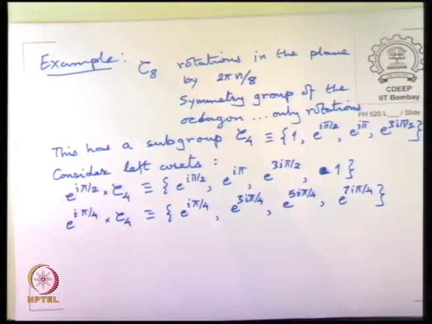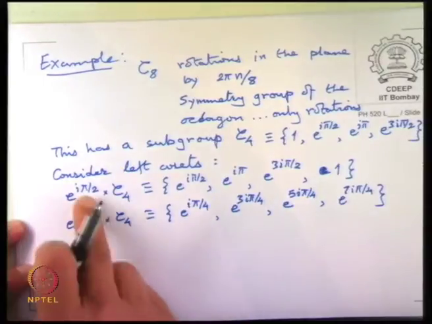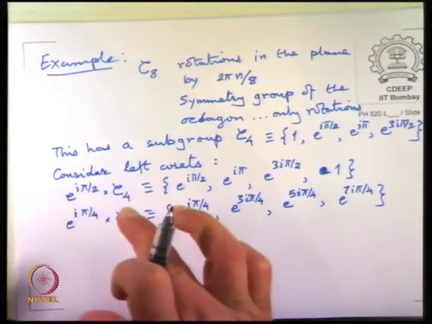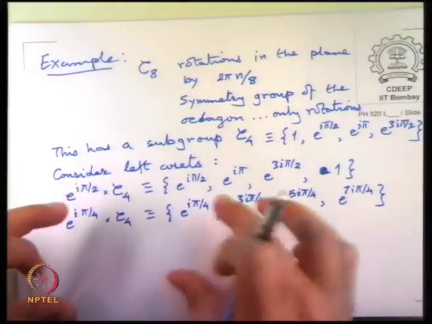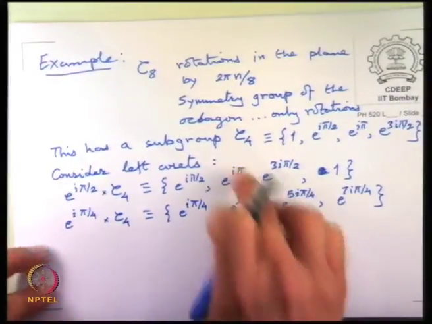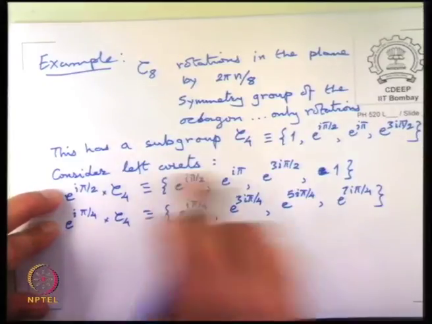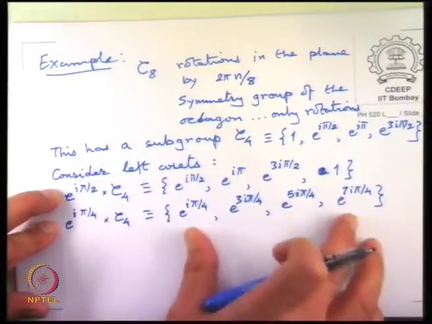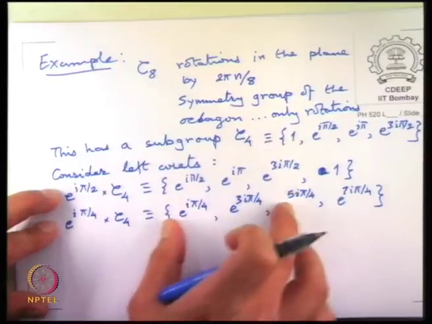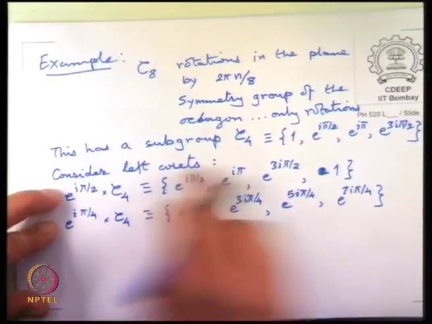You can draw an octagon and check what is happening. This is rotating it by pi by 2, and then this is a smaller rotation. This is just to demonstrate that if I take distinct elements of G, I may get distinct cosets, but the size of the cosets has to be the same, and they are all with distinct elements in it.